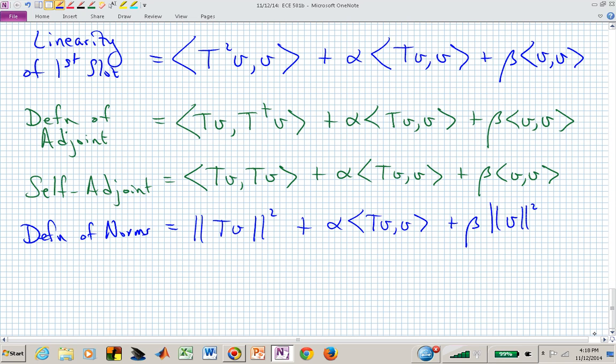Now we want to bound this from below using Cauchy-Schwarz, which means now we have this inner product of tv with v.